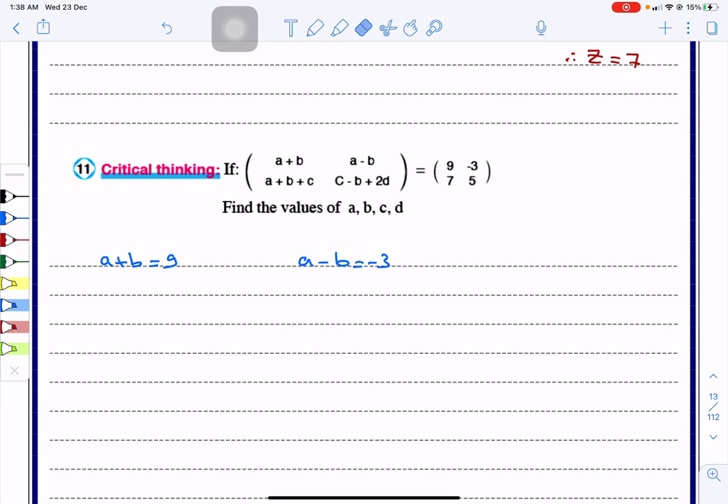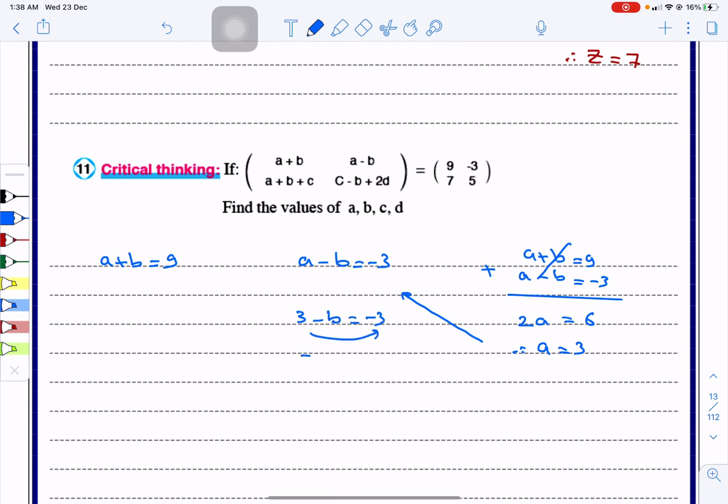By adding the two equations, a plus b equals 9 plus a minus b equals negative 3, we get that b cancels with negative b, so 2a equals 6, so a equals 3. By substitution in any equation, 3 minus b equals negative 3, so negative b equals negative 6, so b equals 6.